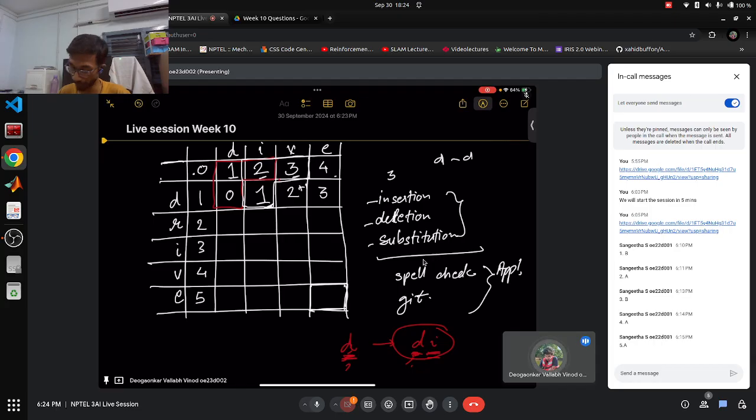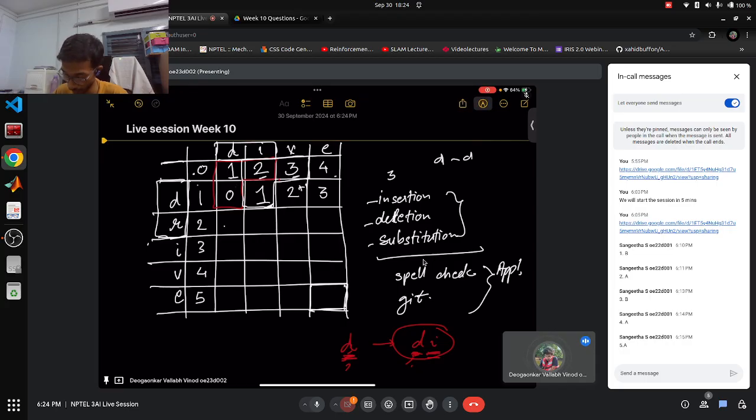Okay, and similarly you can keep filling each of these, and maybe we'll complete this one just for the completion of this algorithm. So DR and DI, if you want to go from the string DR to DI, going from DR to D you need to make only 1 deletion.